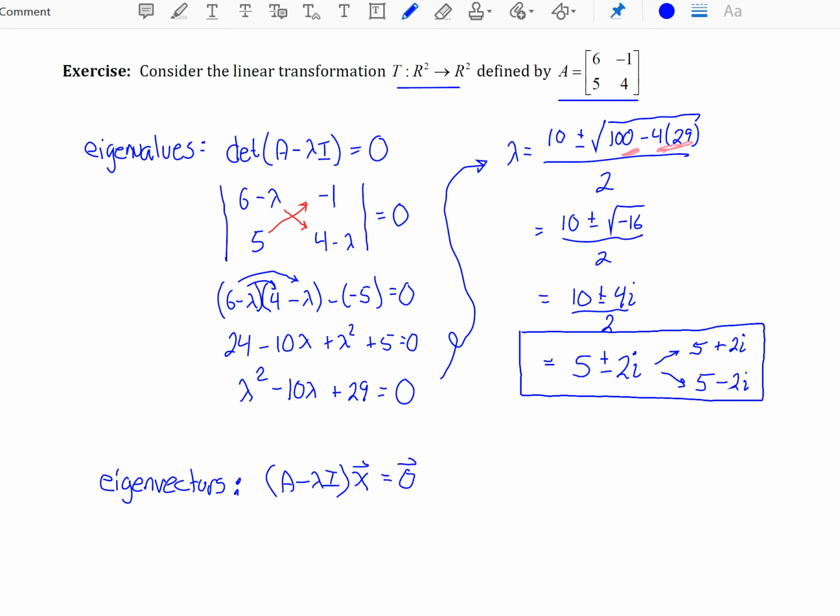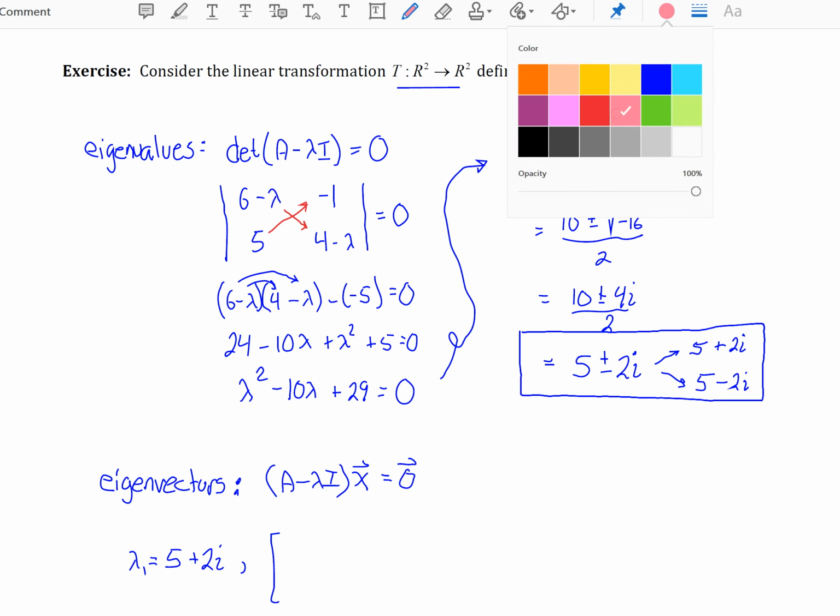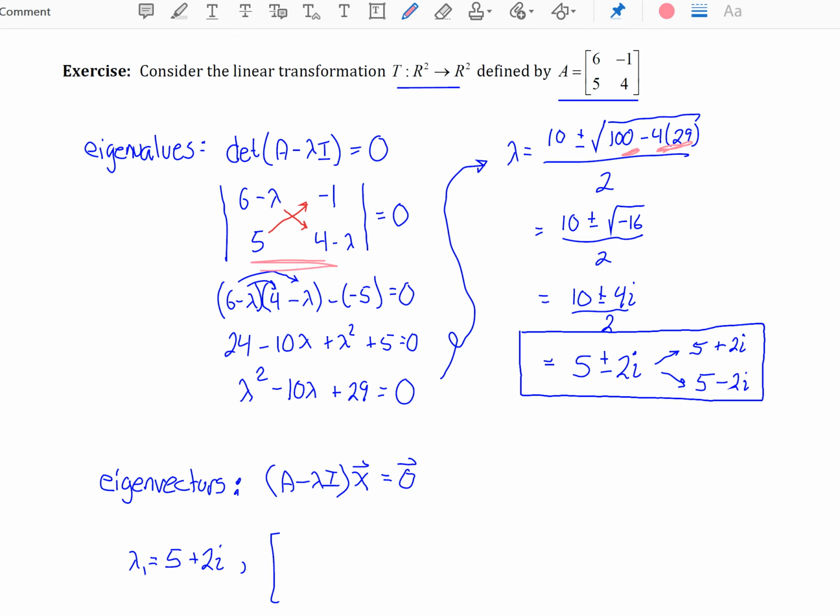We have to do this for our complex eigenvalue, and I'm going to choose to use the eigenvalue 5 plus 2i first. Now remember, when you have your eigenvalue, you always subtract it off of the main diagonal only. So look at this matrix. We're just subtracting off a complex number this time.